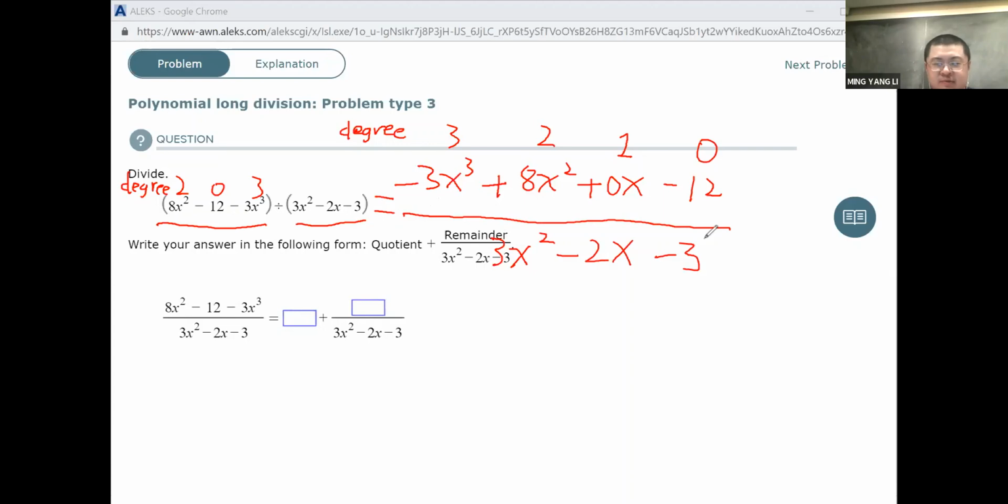To calculate long division, you always write it in the standard form of polynomial, and if you have a degree missed in between, for example, if a polynomial has only degree 3, 2, 0 terms, you just add 0 times the missed degree term of x. That's our first step. Now we can go on.